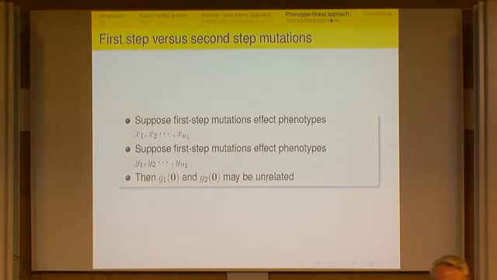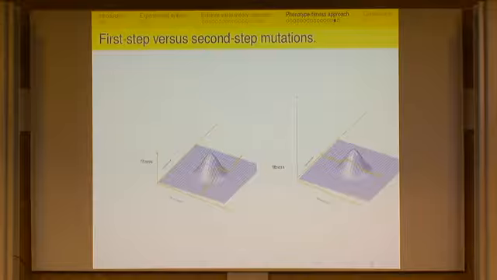I'll just give you the punchline. If a single phenotype or the same set of phenotypes affect the first step and the second step, you should assume the same distribution. But if an entirely different set of phenotypes affects the second step than the first step, then you get two different distributions. And it kind of goes like this.